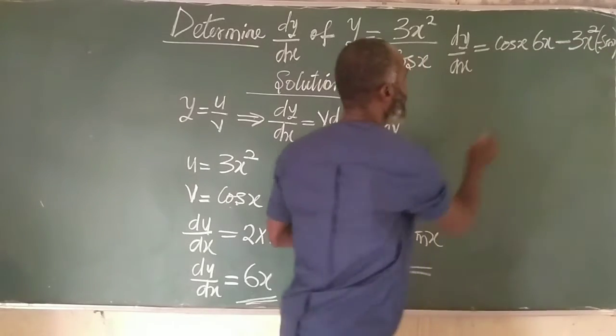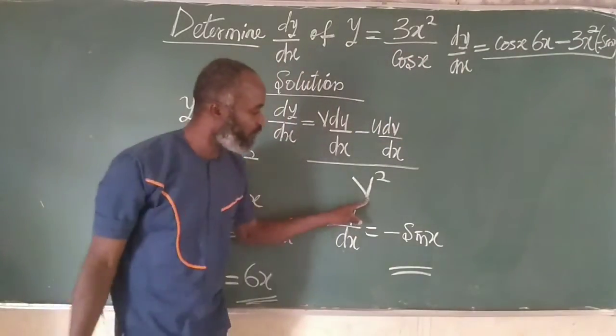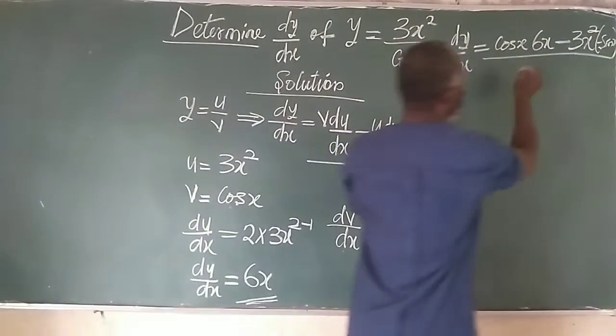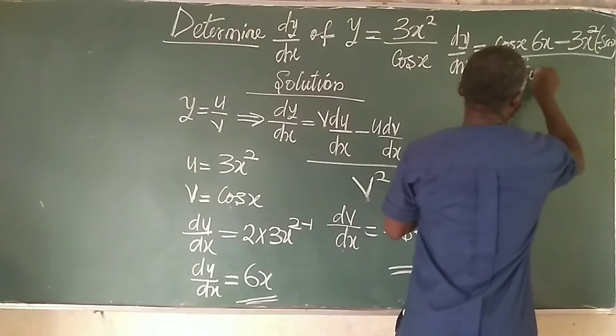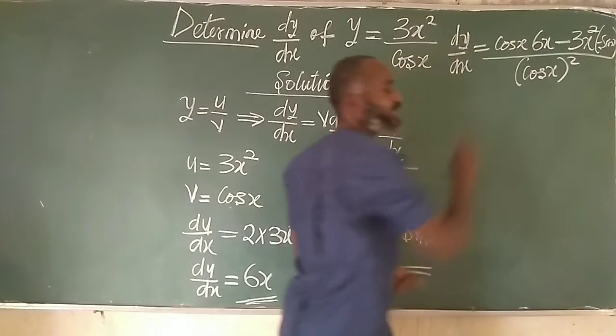All over v squared. Where is our v? Cos x, and this time around it is going to be squared, cos x squared. So let me quickly rewrite this for clarity.